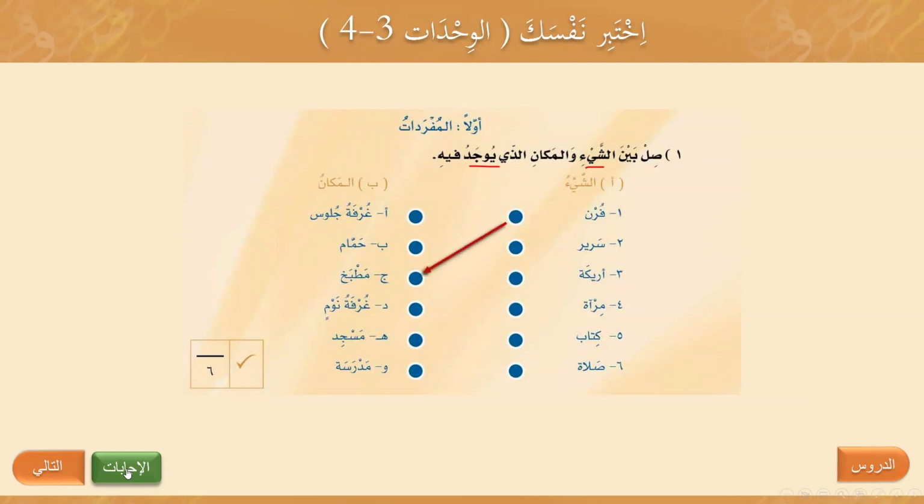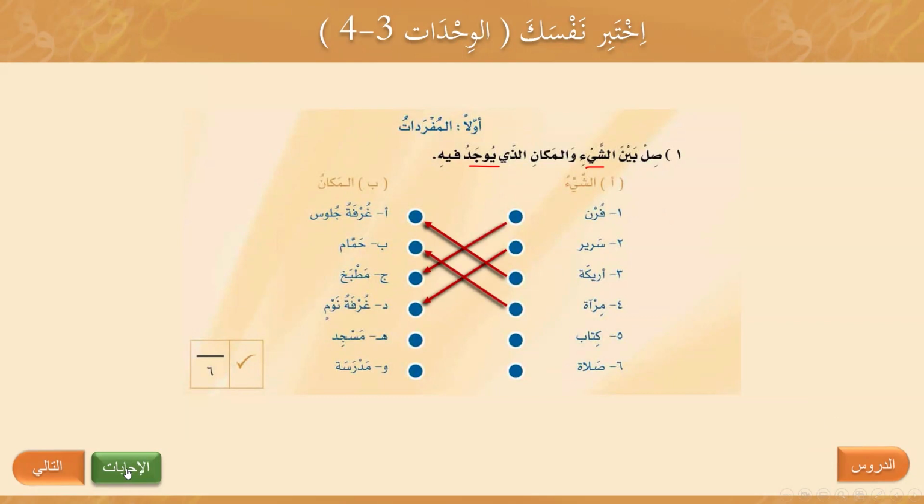Then we talk about sarirun. So where do we find sarir? Of course, we find it in the bedroom, so we just say ghurfat naum. Arika is found in ghurfat julus. Then we have mir'atun, which is basically a mirror, and the mirror, as we know, we find in the bathroom, hammam.